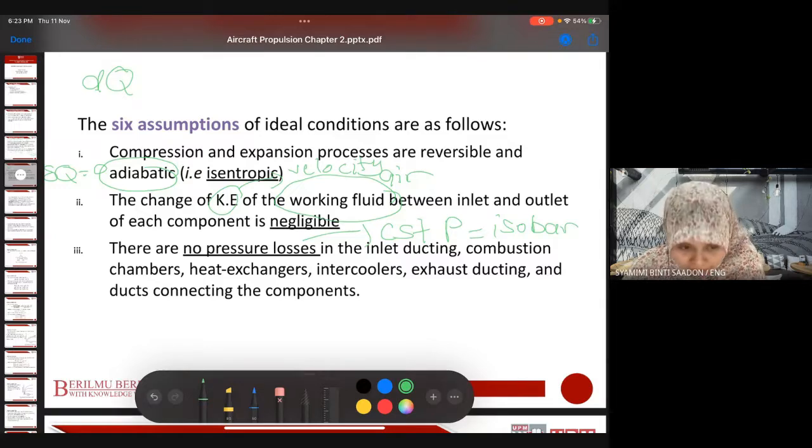Usually there is somehow a pressure loss, but here for ideal conditions, we assume there is no pressure loss.